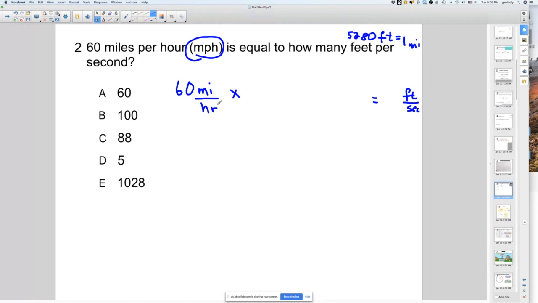You can change the hours to minutes and minutes to seconds if you want, or you may know that 3,600 seconds are in an hour.